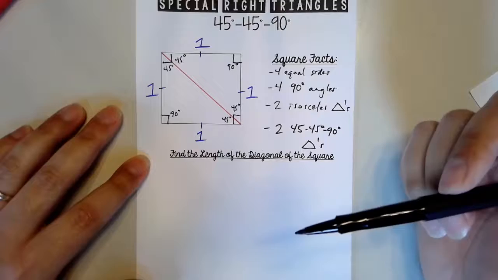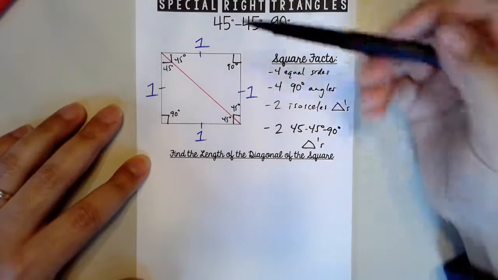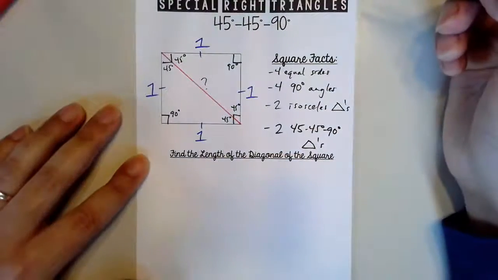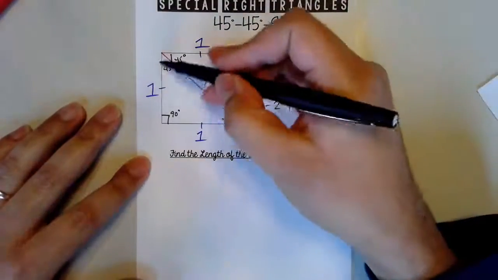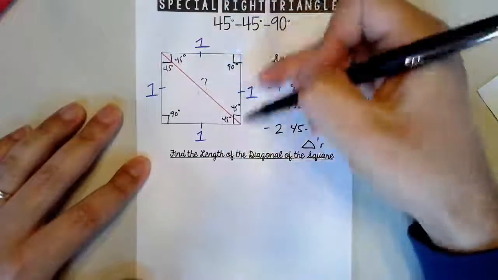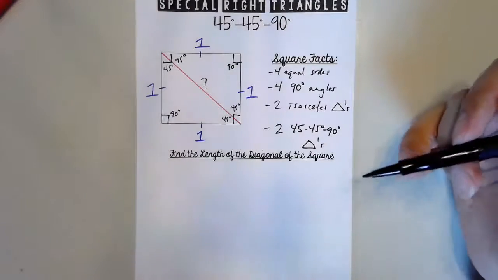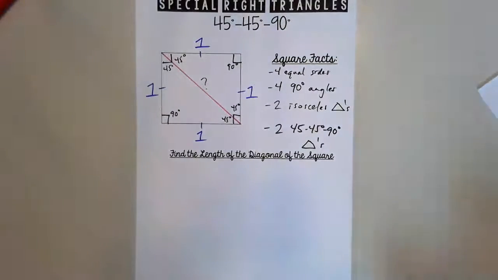Okay? So what we're going to do now is we're going to use those to figure out the length of the diagonal. We don't know what the length is of there. We know that each of these is 1 unit, but we don't know how long the middle is. Okay. So what we're going to do here is we're going to redraw the triangle, just one of them.